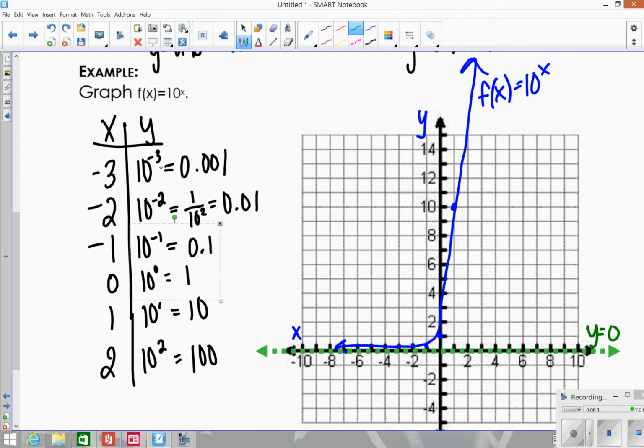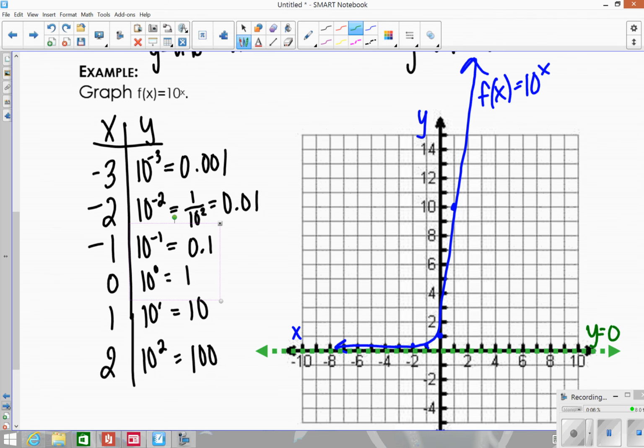So even plugging in negatives, you're just going to get closer to 0. You're not going to actually ever get a negative, so it's never going to cross over this. So this is your basic graph. 10 to the x is going to be a popular one, and we'll see why later on. But for right now, it's just basically anytime you have to graph an exponential function, just plug in some points.